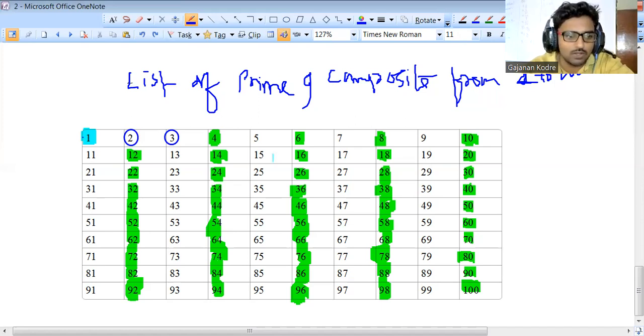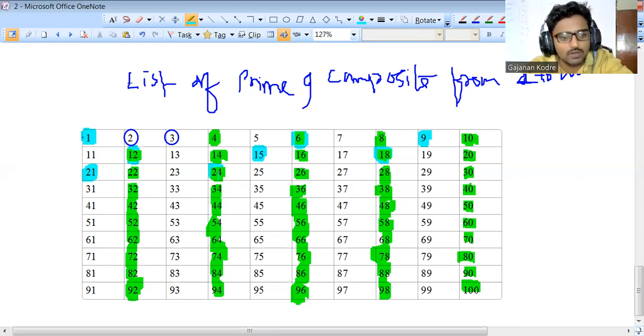So I'm going to cross out 3, then 6, then 9. Multiple of 3 is then 12, it is already crossed out. Then 15, then 18, already crossed out. Then 21, then 24, already crossed out. 27, 30, already crossed out.